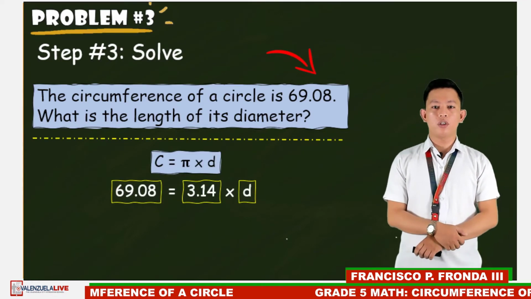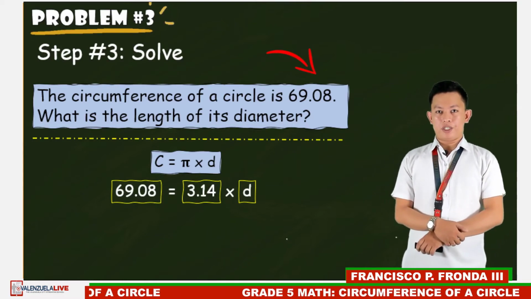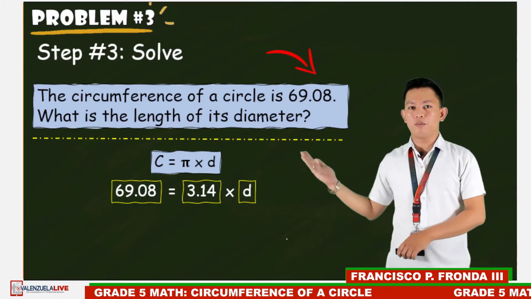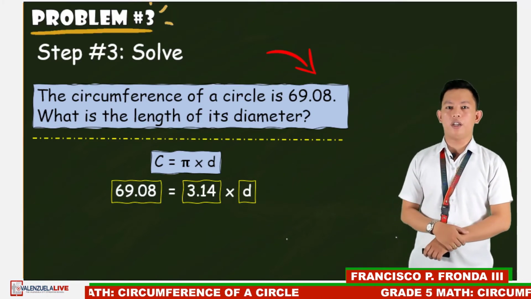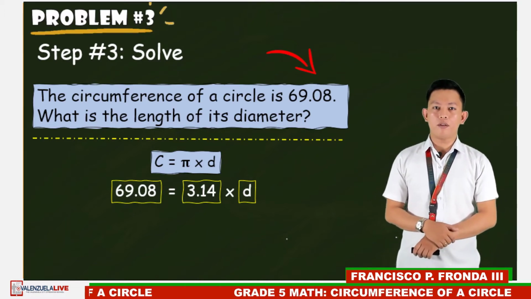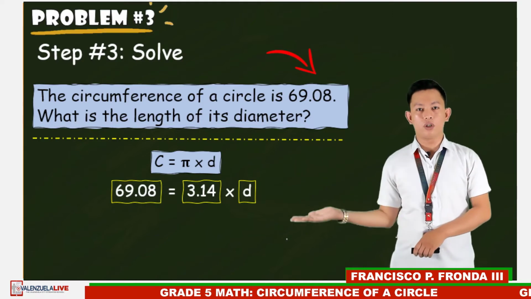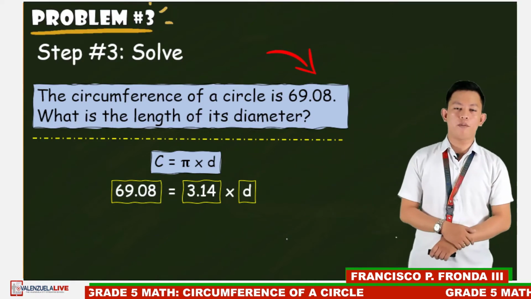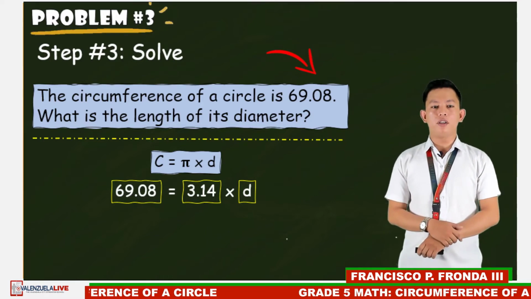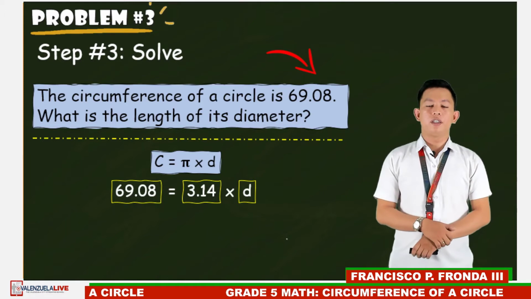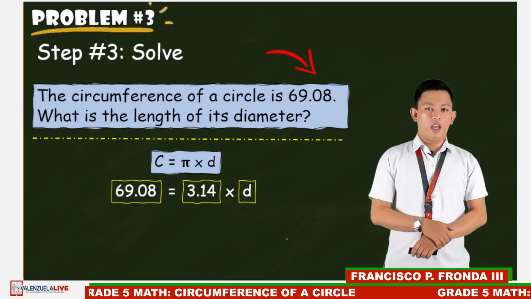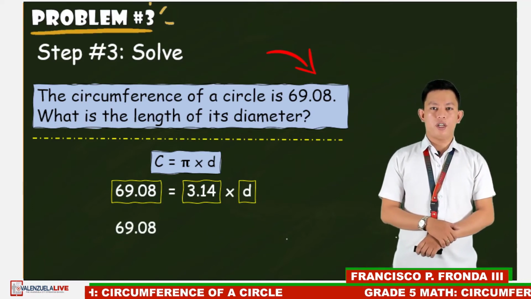Let's substitute the value of the circumference. The value of the circumference is 69 and 8/100. This would be the 69 and 8/100. And then, the value of pi is 3.14. And multiplied to the value of the diameter, which is unknown. So, we're going to find the value of the diameter. So, since we're going to find the value of the diameter, we need to divide 69 and 8/100 by 3.14. So, let's divide.